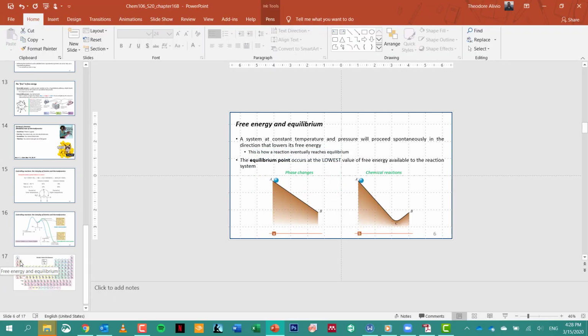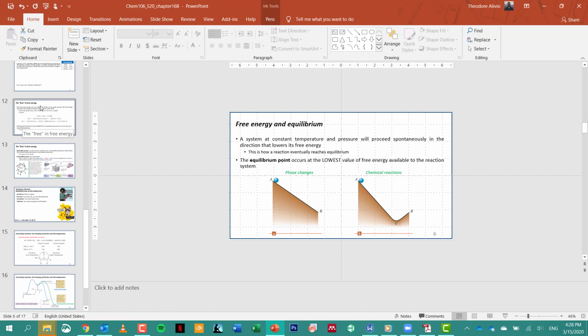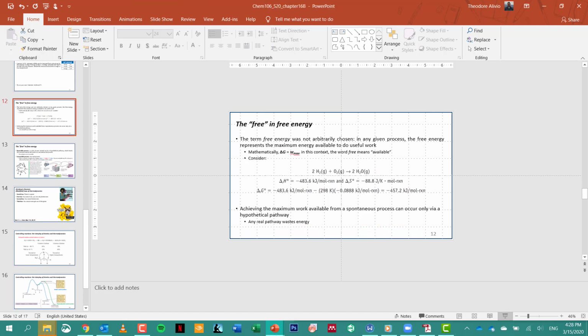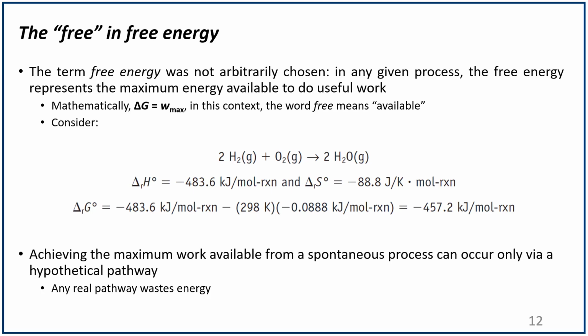Now let's jump forward into free energy as work. The term free in free energy was not chosen arbitrarily, otherwise they could have used another word. It's basically the amount of available energy to do maximum useful work. We're not really going to work on problems like these, but delta G just represents W, or work.